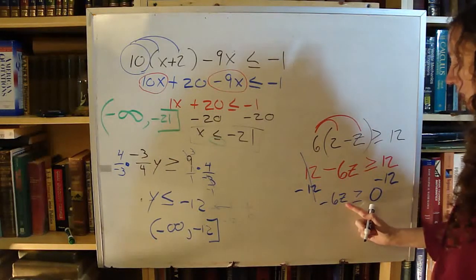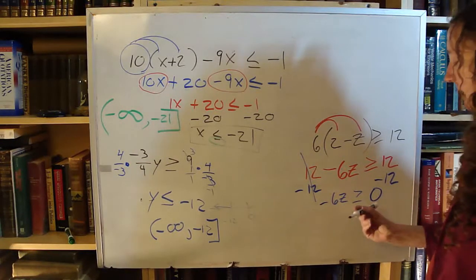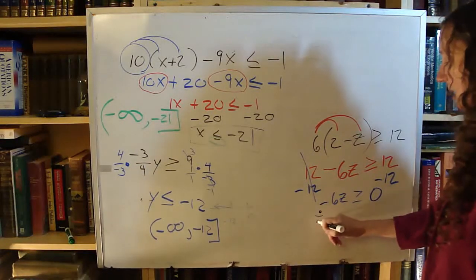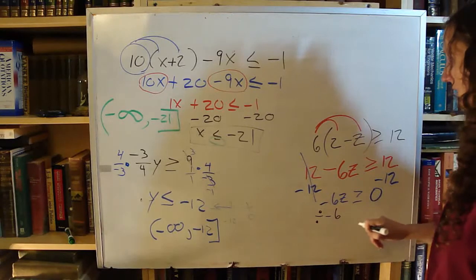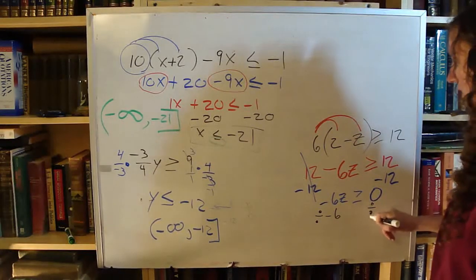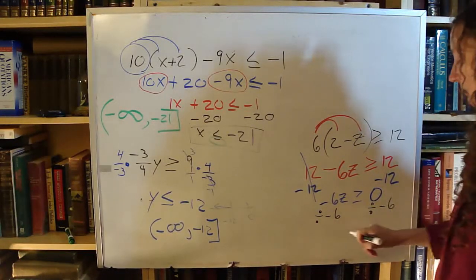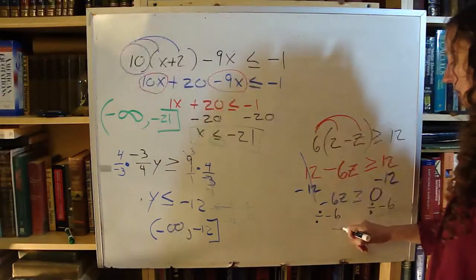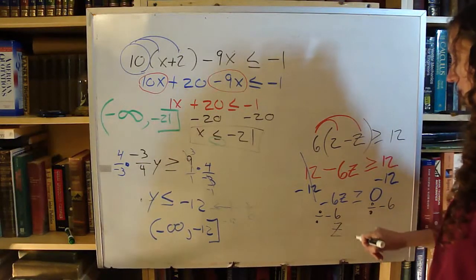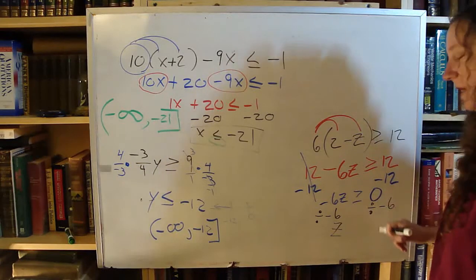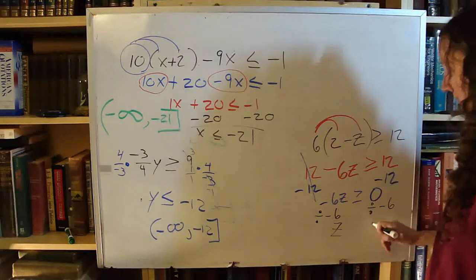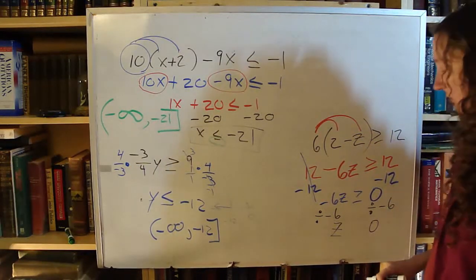Z is not yet alone. It's multiplied by the negative 6. So I'm dividing by negative 6. What I do on one side, I do on the other. Now the z is alone. 0 divided by anything is 0.